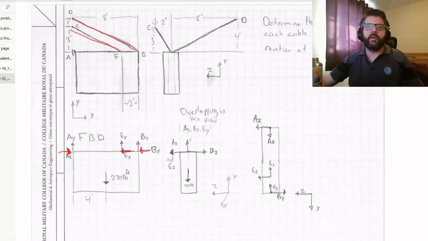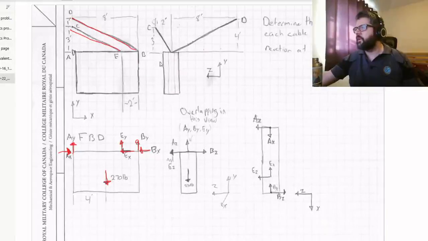We also see the Y components on this XY diagram. So again, we've obviously got the weight, because that's downwards. We've got the Y component of the support at A, and then we've got just the vertical components of those two tensions that we already talked about.